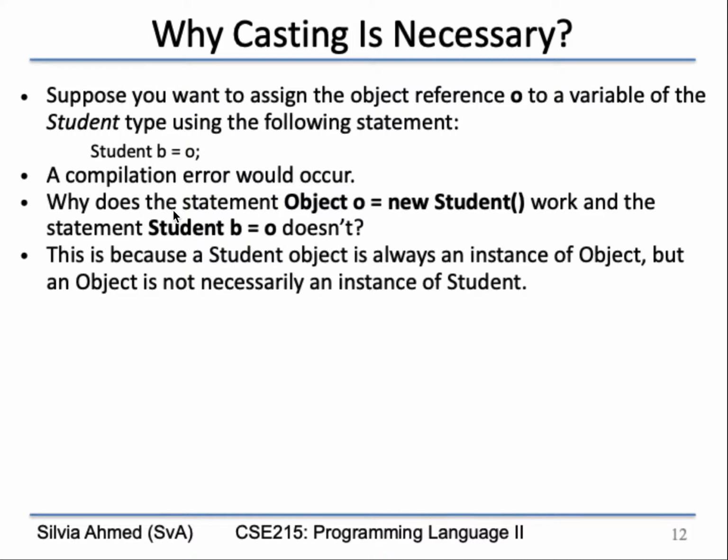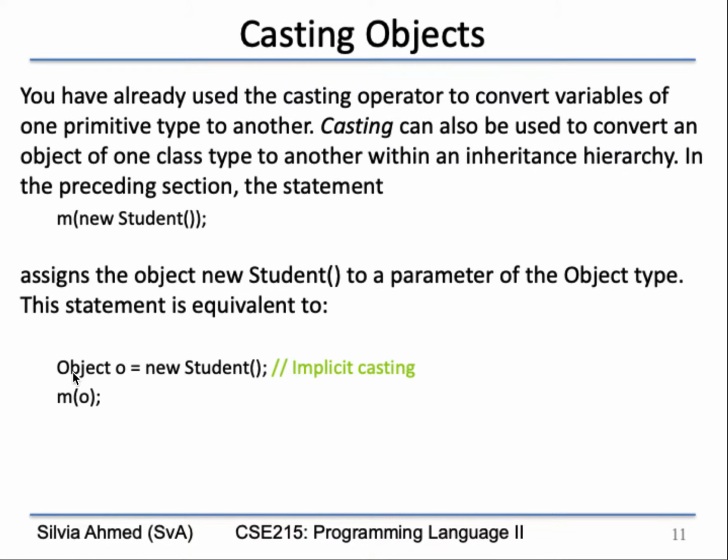This is because a student object is always an instance of Object. That's why we could write Object o = new Student. But once this assignment is done, to the compiler O becomes a type of Object.